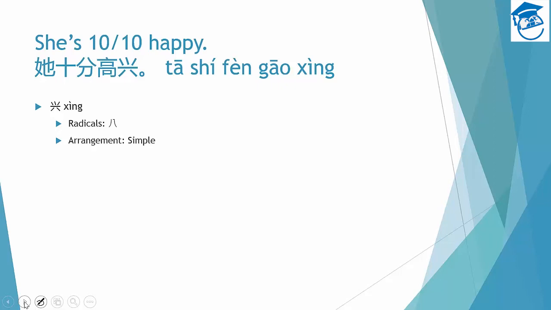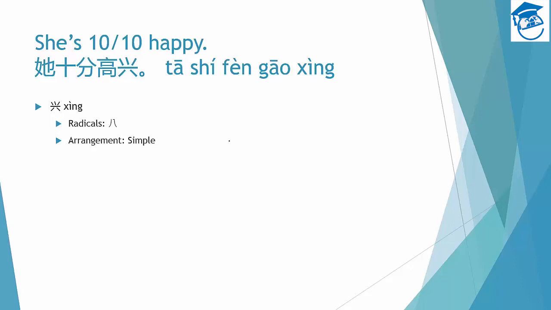Okay, the only word that you don't know is 兴. Okay, and 兴, it has quite a lot of meaning depending on the context again, so I'm not putting any meaning here. So this is the pinyin, and the radical is what's on the bottom actually, and the arrangement is simple.